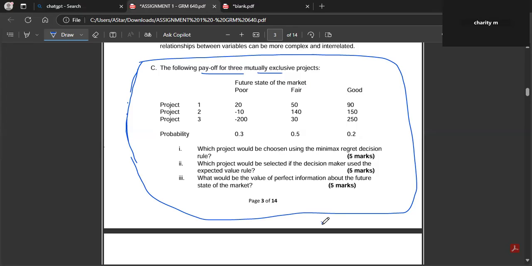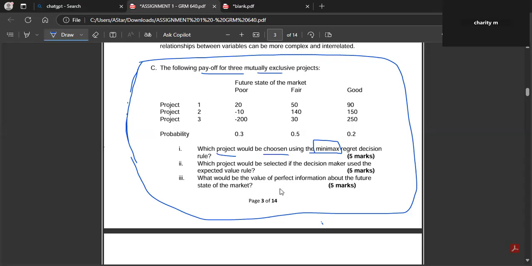The values are 20, 50, and 90; negative 10, 140, and 150; negative 200, 30, and 250. Which project can be chosen using the minimax, which means minimize the regret table? The probabilities given are 0.3, 0.5, and 0.2.